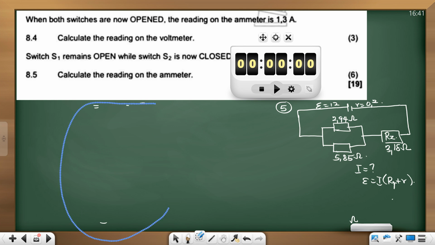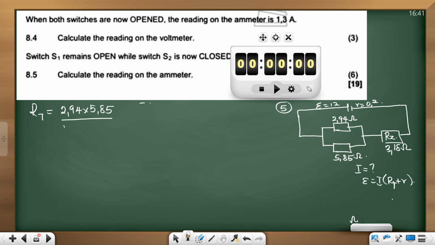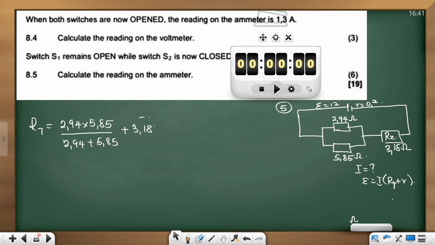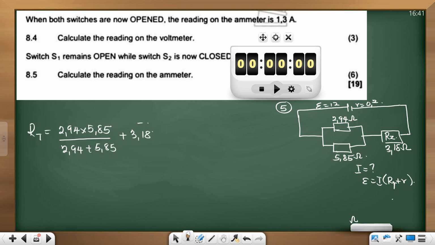All right, so the first thing is I'm going to calculate my total resistance. I have a parallel connection, product over sum, and that is in series with Rz. It's parallel plus series. That's my R total.